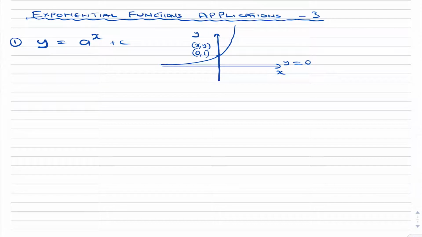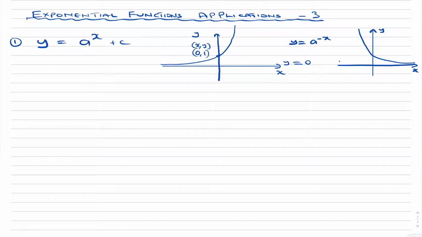And the negative one of that is when you have y equals a to the power minus x. That graph looks like that. And it's coming to 1 and approaching y equals 0 again. That's your y, and that's your x.